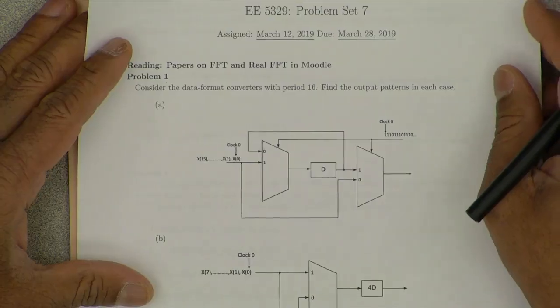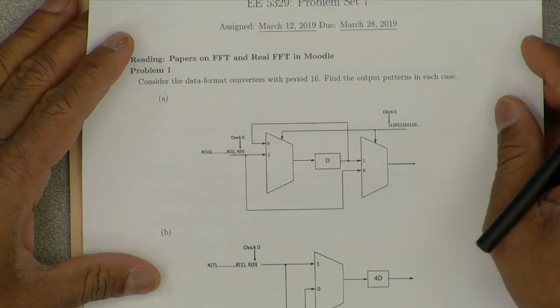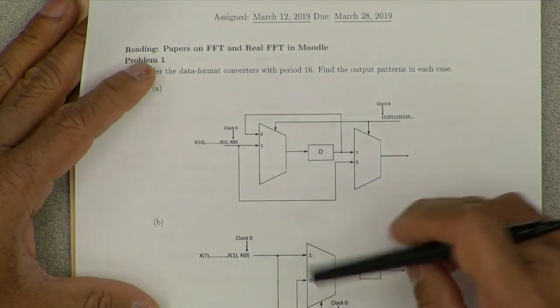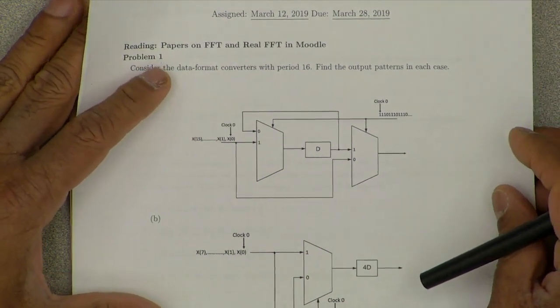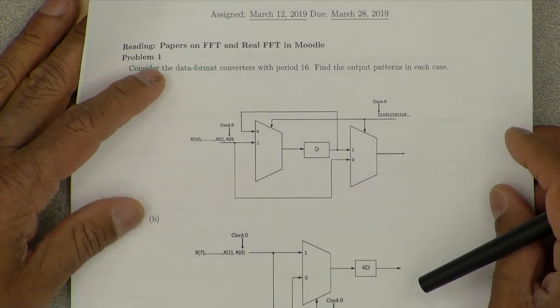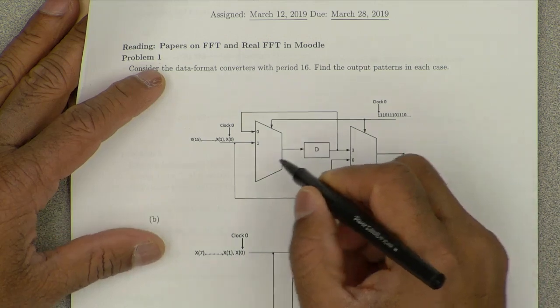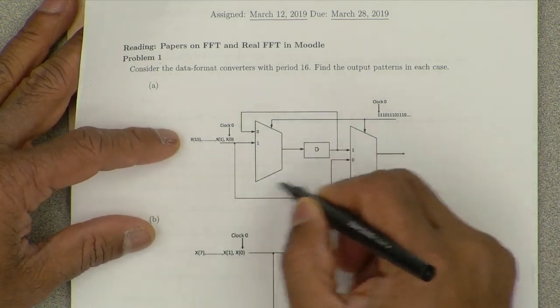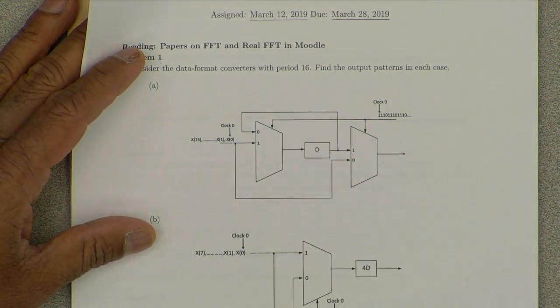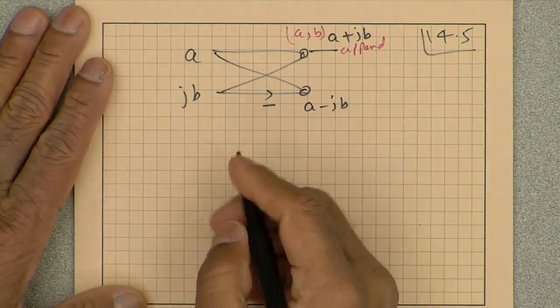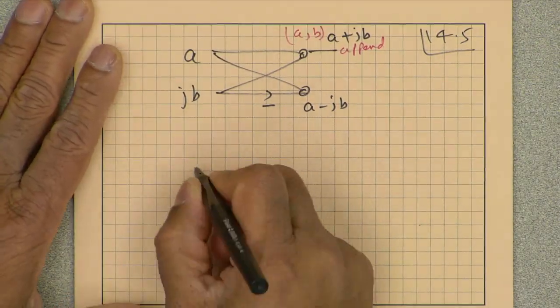So the first problem is sequential. Well, not these, this is parallel. I want you to go through clock cycle by clock cycle and think about these kinds of configurations. Let's try to walk through what is going on.